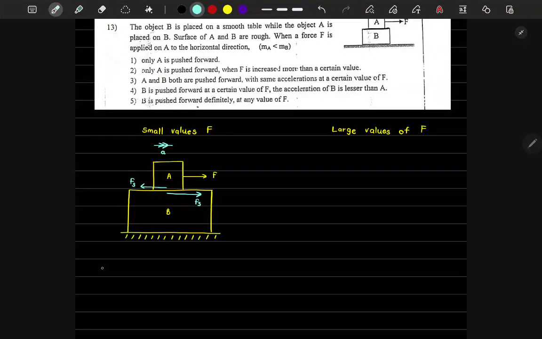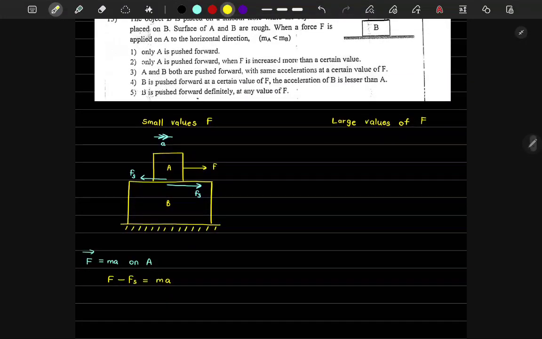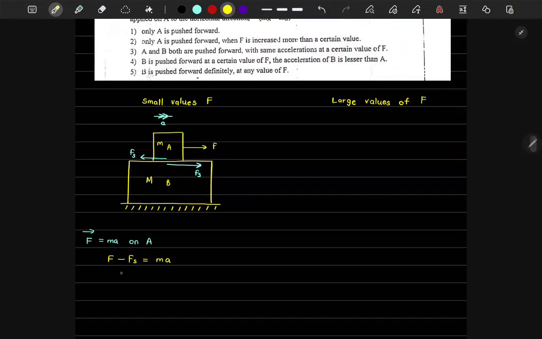Simply, if we consider just A, F equals ma. So F minus Fs, which is the frictional force, equals ma. I'll consider this as small m and this as capital M, that would be much easier for us.